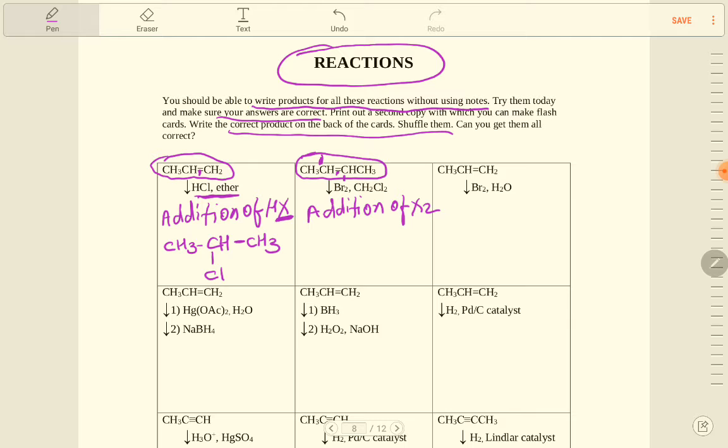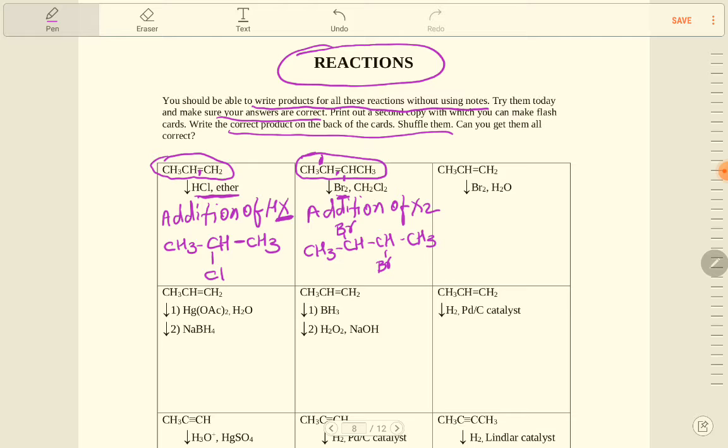Instead of X we have Br2, so that is Br that is joined. So let's try writing them. CH3, CH, CH, 1 Br goes here, 1 Br goes here, and then we have CH3. So this is the product that you can find.